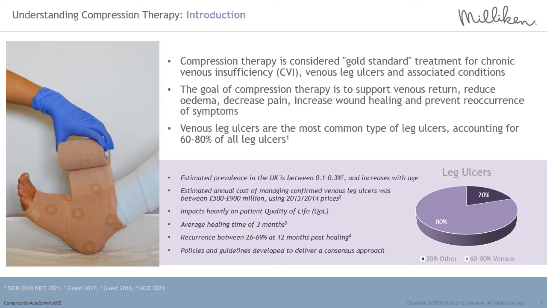These figures continue to be challenged. Irwin et al. in 2022 report lower costs in the United Kingdom through continual prevalence and reporting methodologies. The cost to the individual patient and impact on their quality of life is impossible to measure. Recurrence rates are reported to be between 26 and 69% at 12 months post-healing.